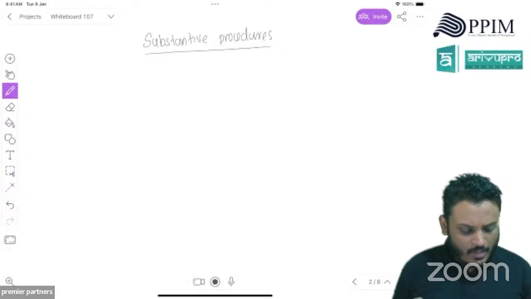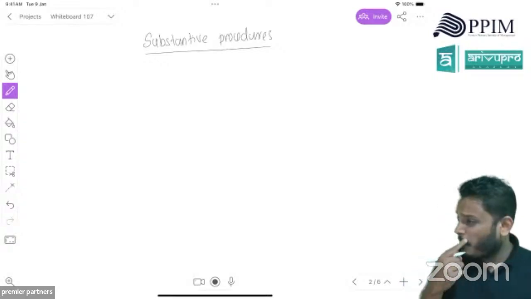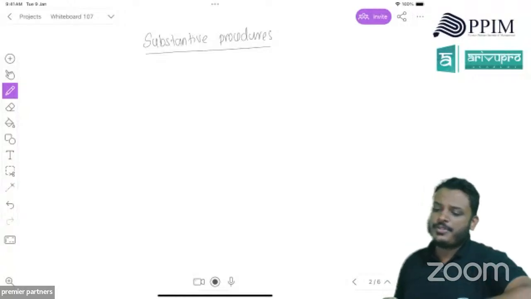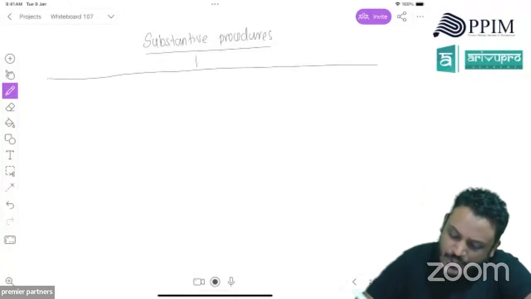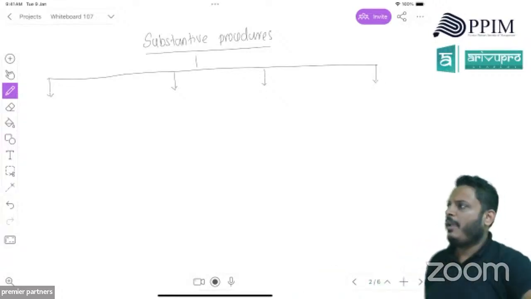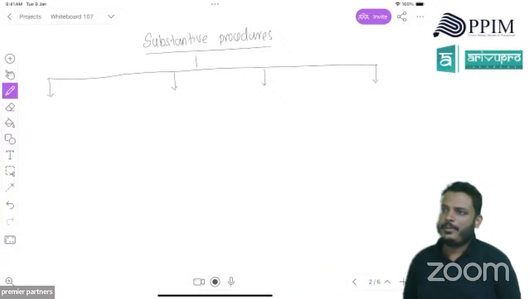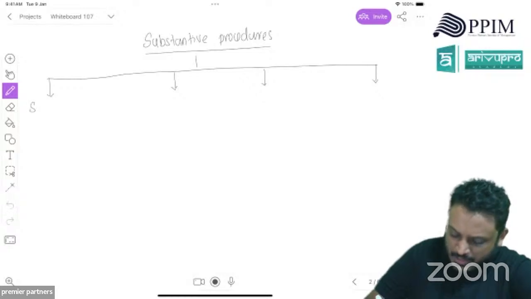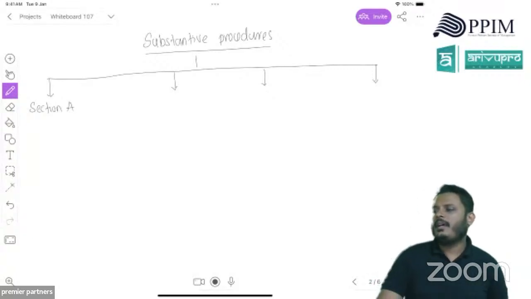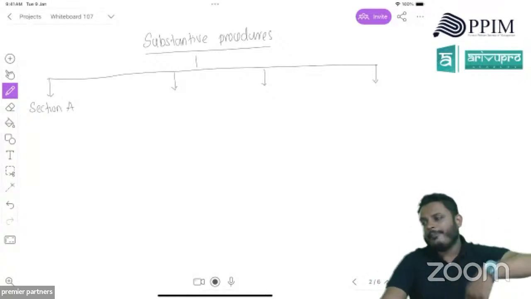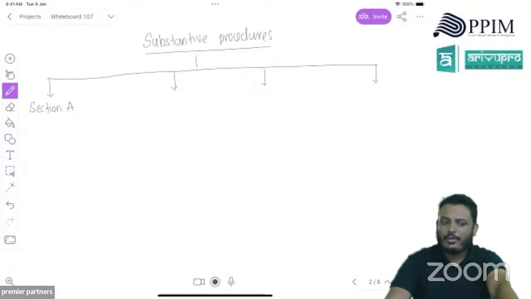So now, what I'm asking here, when you're talking about substantive procedures, I'm expecting procedure questions of 4 types. One is section A. This time there is a high possibility, though not for everyone, because the questions get rotated.